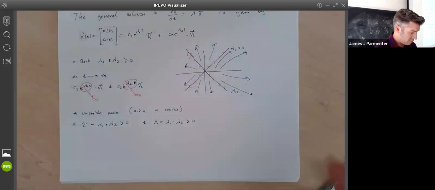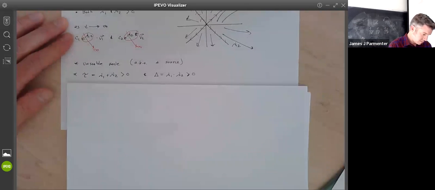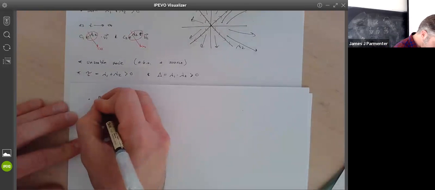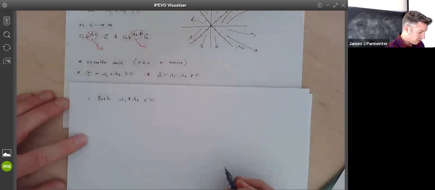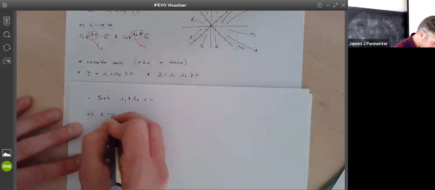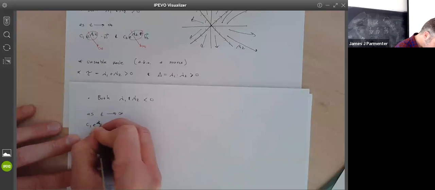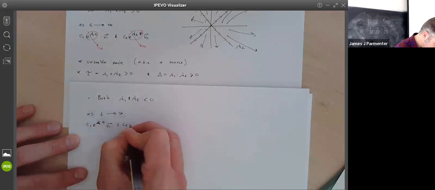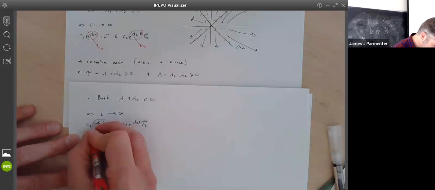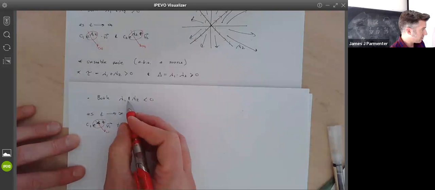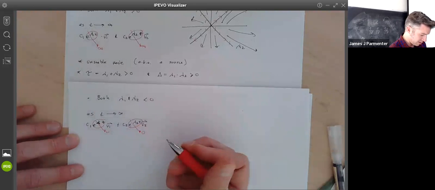They can also both be negative. So if both lambda 1 and lambda 2 are less than 0, then as t goes to infinity, in c1 e to the lambda 1 t v1 plus c2 e to the lambda 2 t v2, the e to the lambda 1 t part is going to go to 0 because lambda 1 is negative, and the e to the lambda 2 t part is going to go to 0 because lambda 2 is negative.